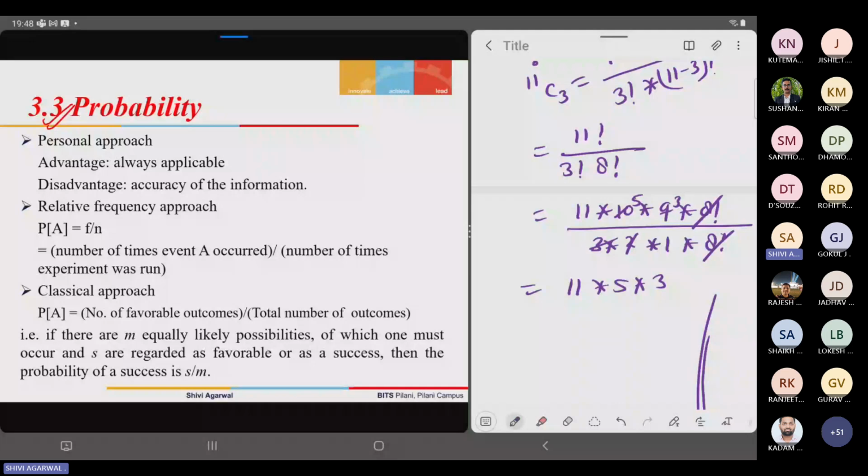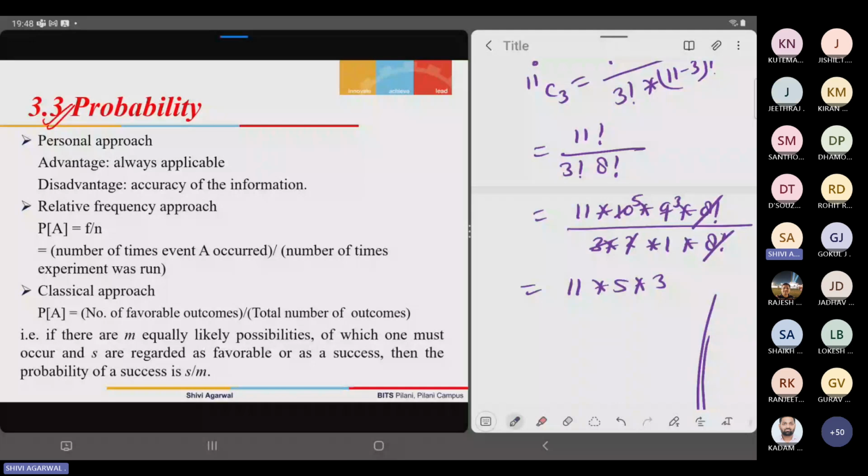No information is required, it is always applicable, anyone can say anything, but there is no mathematical authentication. That is the disadvantage, and we are not going for that specifically.